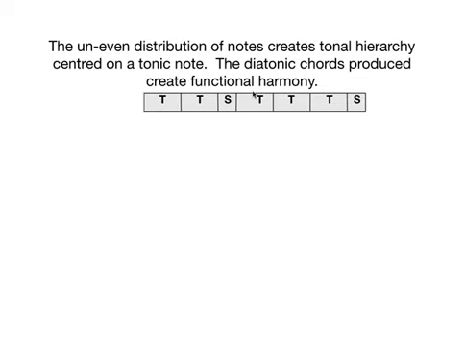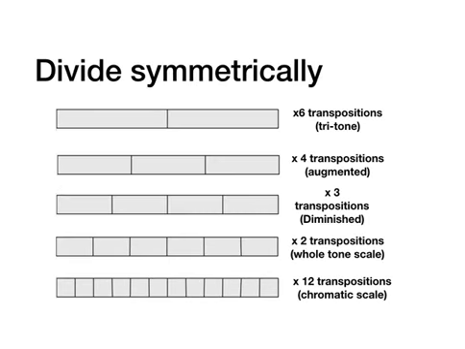through being non-symmetrical. That's the way I like to think about it, because when we do divide an octave symmetrically, what we get is a lack of tonality. As we all will probably be familiar with the whole tone scale, it's very tonally ambiguous.